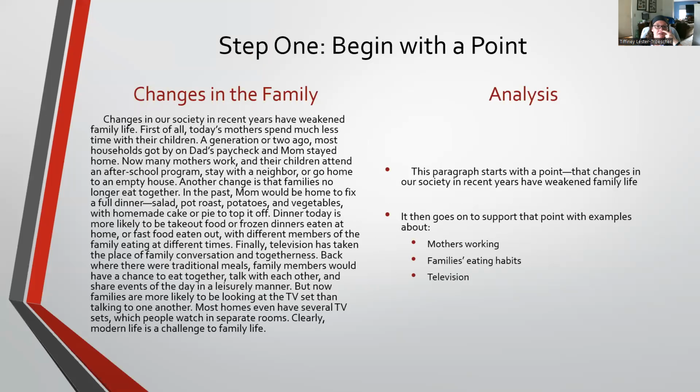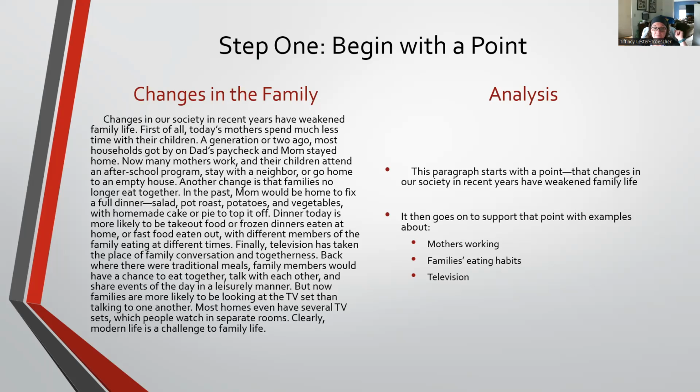All right. So here's an example of a paragraph here. It's called Changes in the Family. Changes in our society in recent years have weakened family life. First of all, today's mothers spend much less time with their children. A generation or two ago, most households got by on dad's paycheck and mom stayed home. Now, many mothers work and their children attend an after-school program, stay with a neighbor, or go home to an empty house.